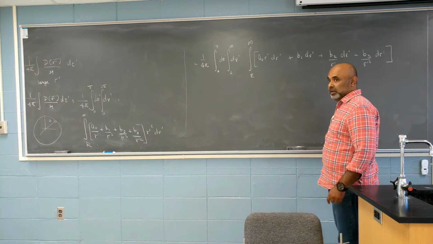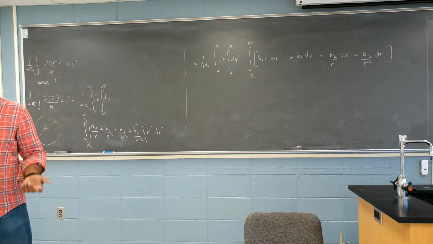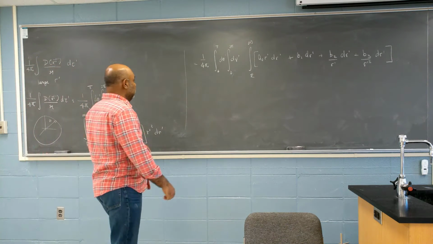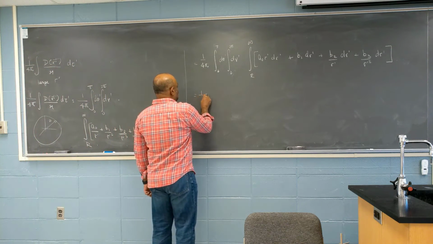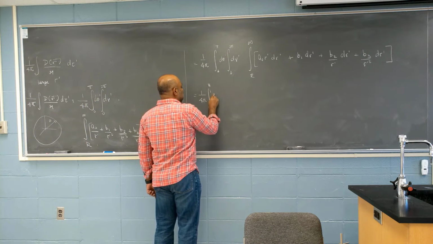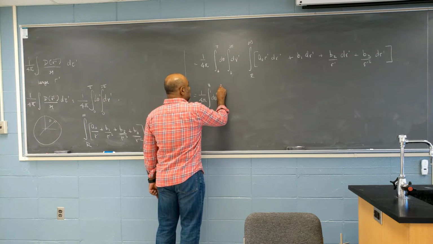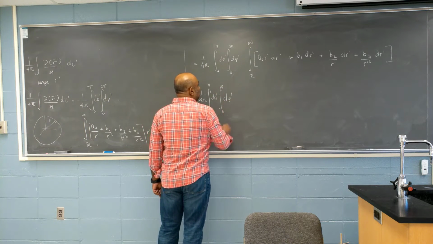Let's look at which one will have infinity and which one will not have infinity. So 1 over 4 pi, 0 to pi, d theta prime, 0 to 2 pi, d phi prime.